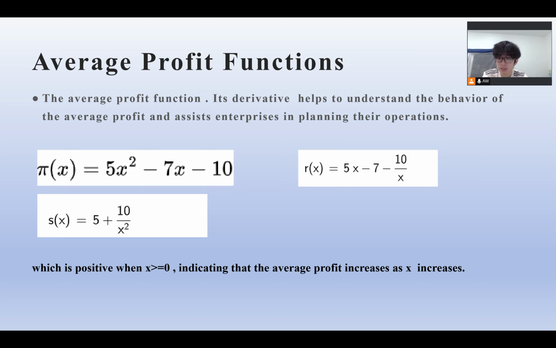So as you can see on the screen, P(x), which is the profit function, equals 5x squared minus 7x minus 10. So the average profit function equals 5x minus 7 minus 10 over x. So its derivative is 5 plus 10 over x squared, which means it's positive when x is greater than or equal to 0, indicating that the average profit increases as x increases.